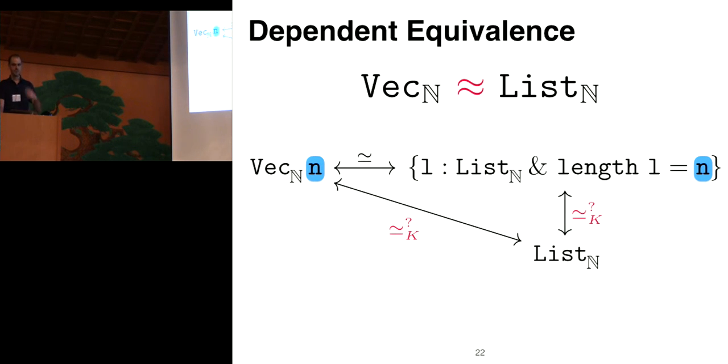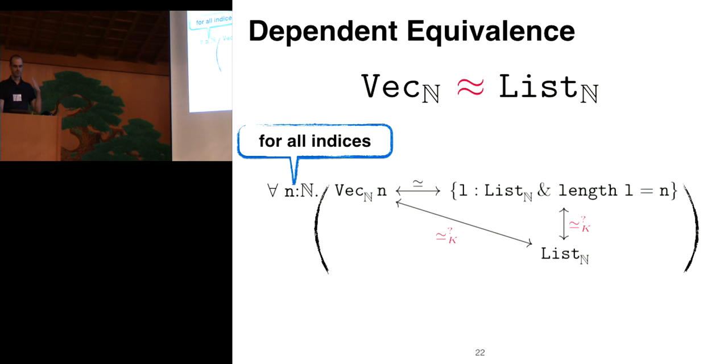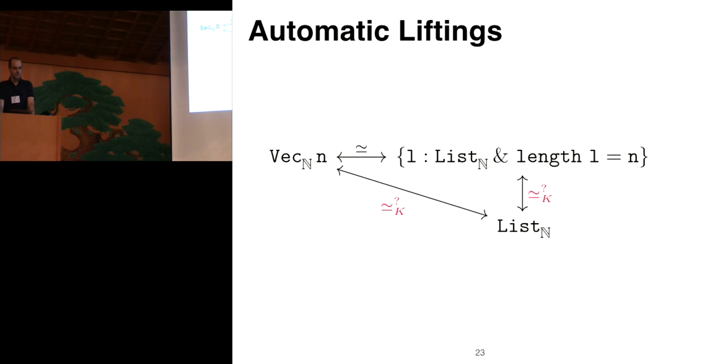So what we want to establish is a dependent equivalence between vec and list. And for that, we have to show that for all indices n, there exists this diagram. Once we have those things, we are interested in using that automatically to have automatic liftings between types.